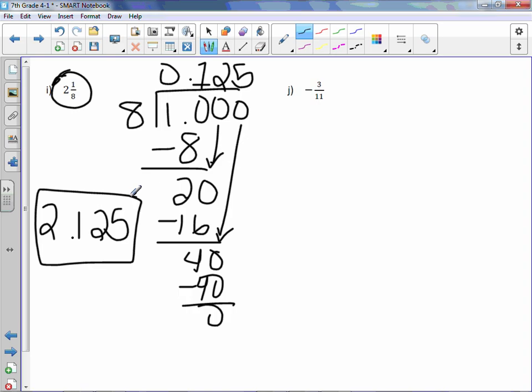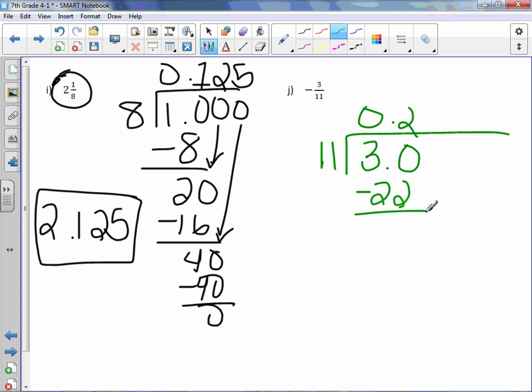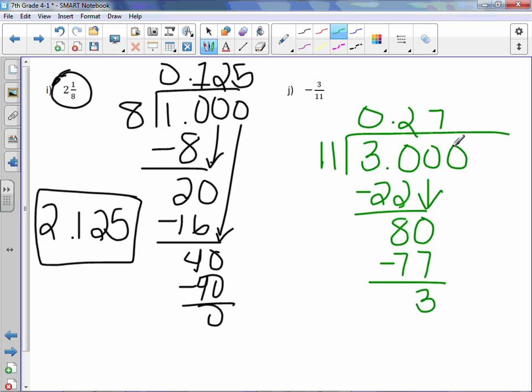Letter J, 3/11. Do the division. 11 can't go into 3, but it can go into 30 twice, which is 22. Subtract and get 8. Bring down a 0. 11 goes into 80 7 times, which is 77. Subtract and get 3.